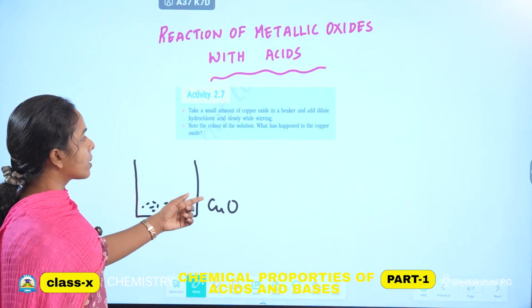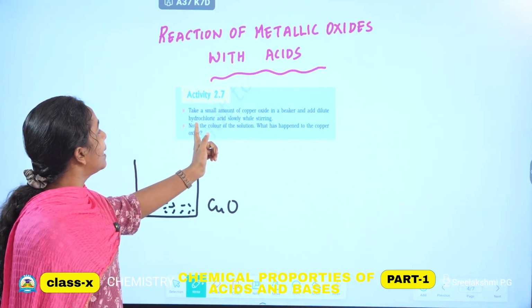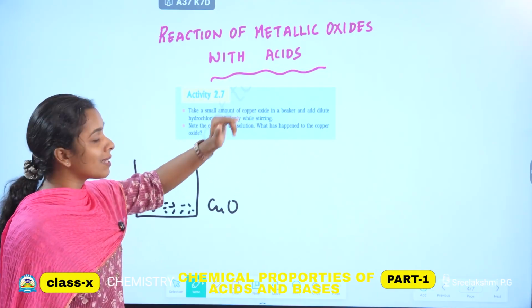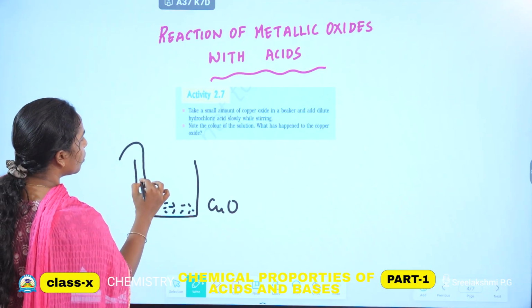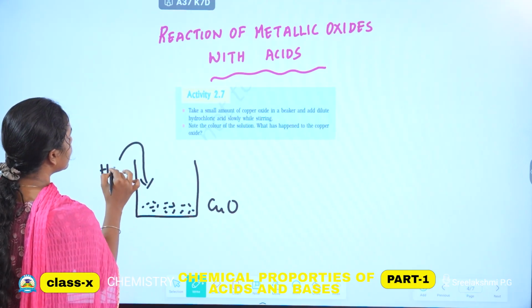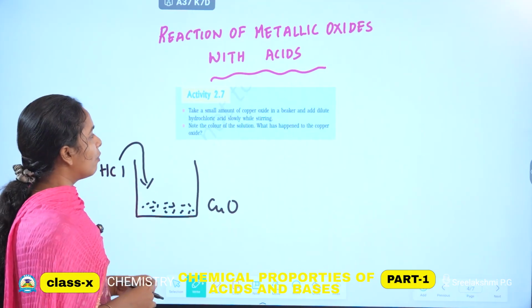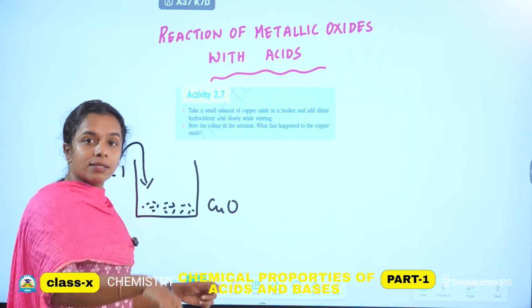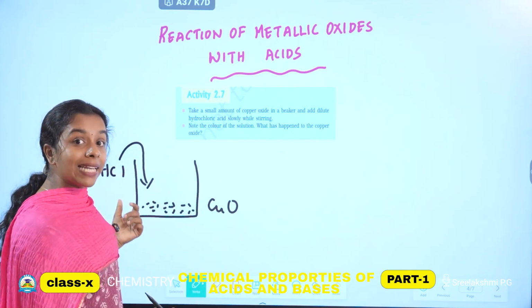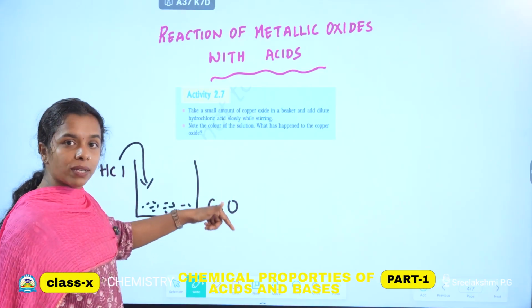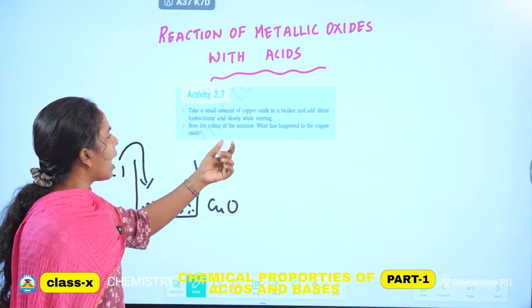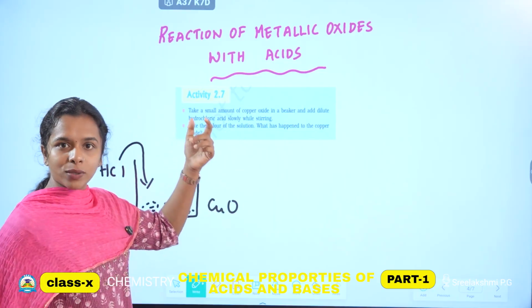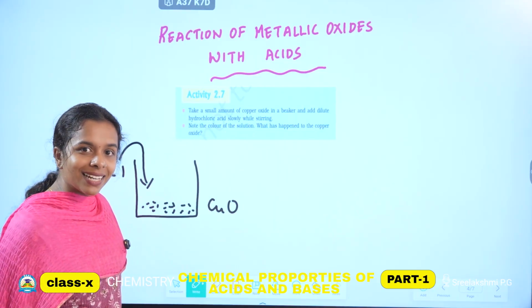Into this copper oxide, add dilute hydrochloric acid slowly, that is HCl. While adding, stir the solution. Note the color of the solution and what happened to the copper oxide. Do you have any idea?